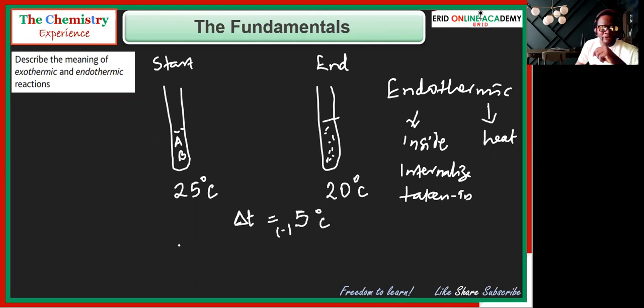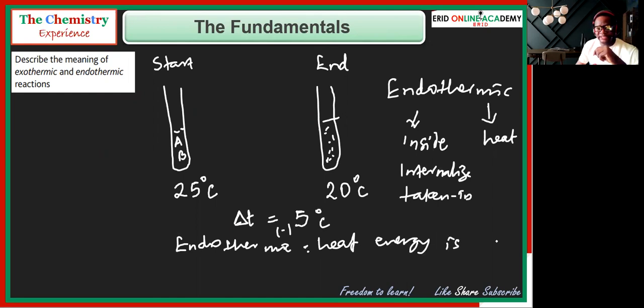So in an endothermic reaction, what happens to heat energy? Heat energy is absorbed, it's taken in. So that is why it is minus, I mean, in terms of decrease in temperature. That's why the temperature decreases. It means that the temperature went somewhere.